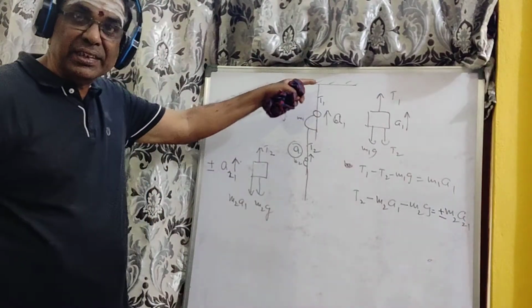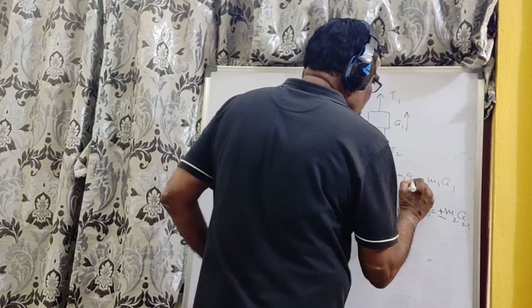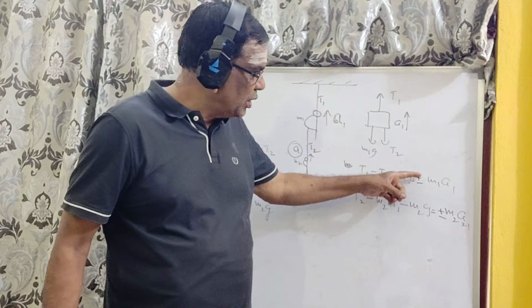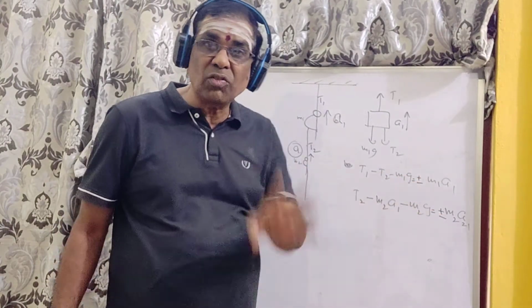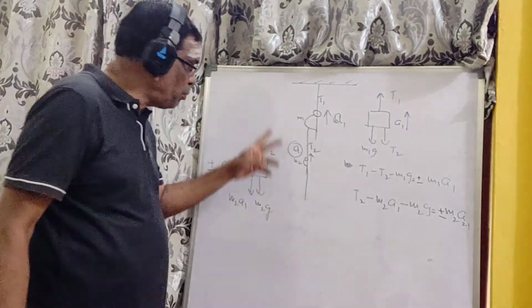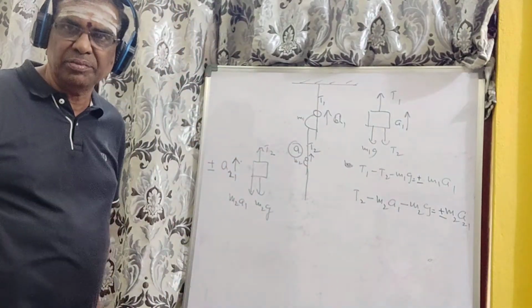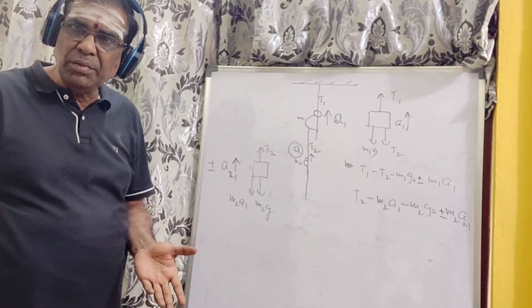Similarly, even up I said, how many possibilities do you get there? Plus or minus A1. So, plus when you take two possibilities, minus you take two possibilities. There are four embedded problems in this. Each one you can take and solve. Each one. So you will get one maximum and minimum.